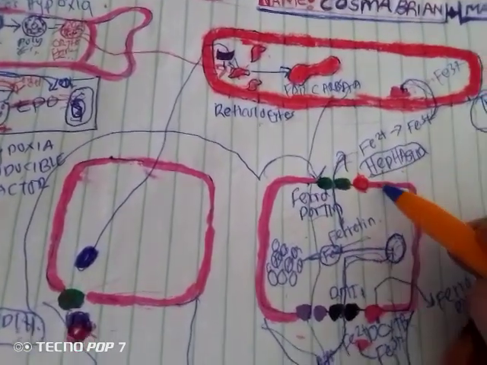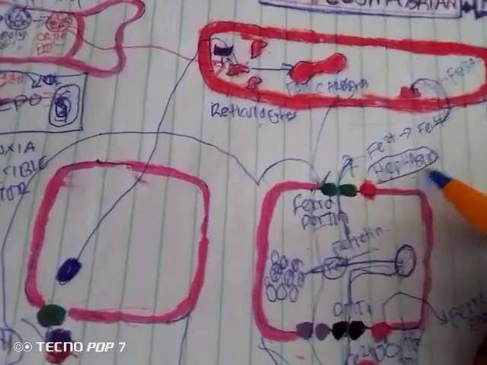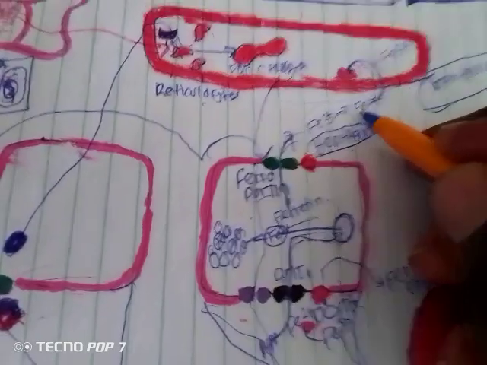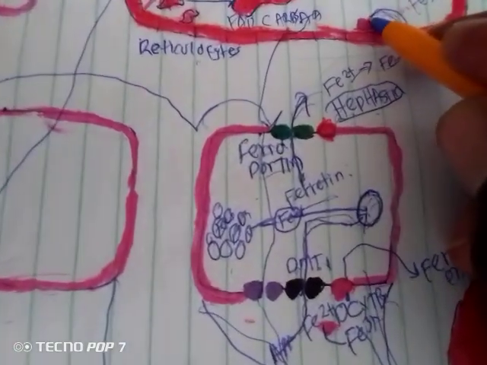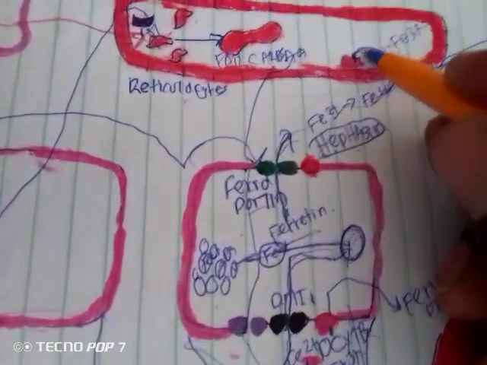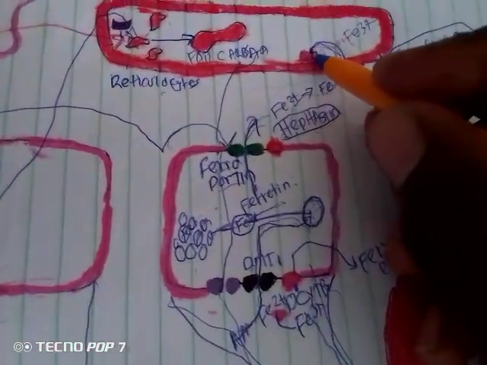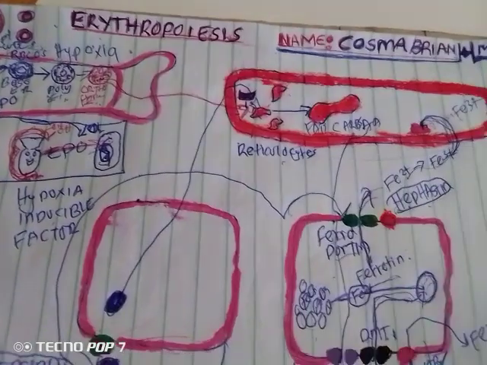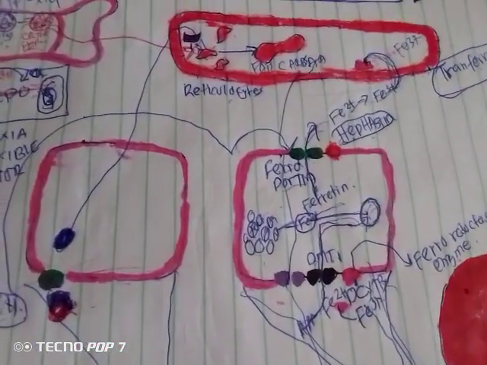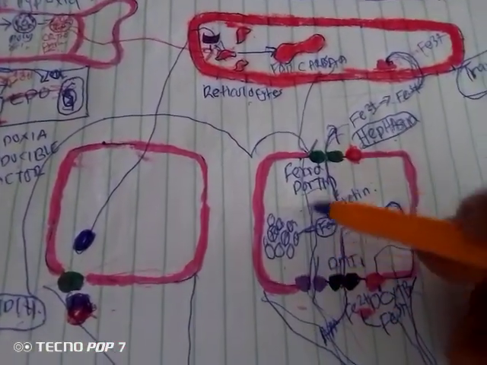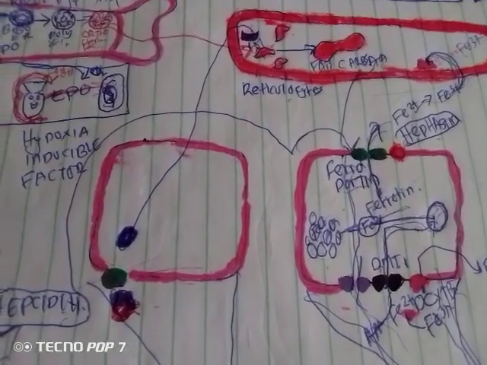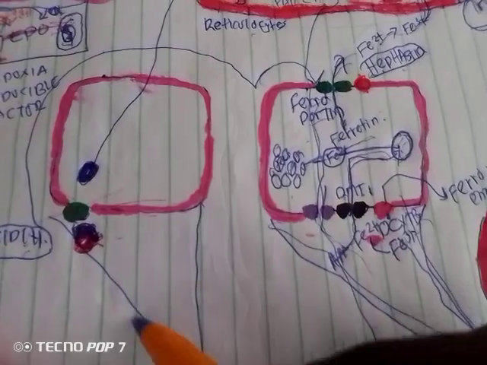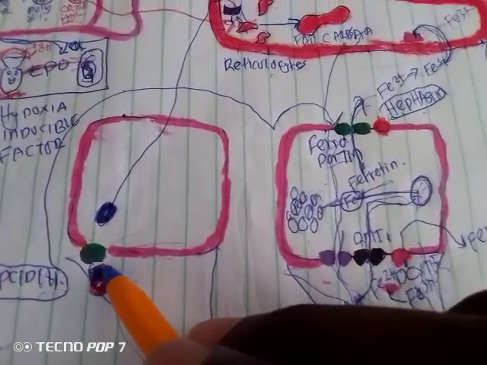On getting out, there is also a protein here, hephaestin. Hephaestin converts iron 2 positive to iron 3 positive. It gets into the sinusoidal capillary, and after getting in, it binds to a protein here. Others also get through the GIT. B12 comes in and binds to intrinsic factor, and comes in through receptor-mediated endocytosis.